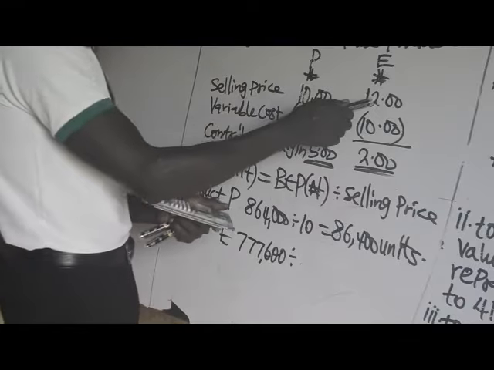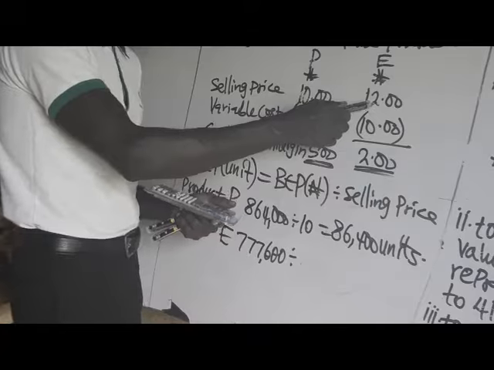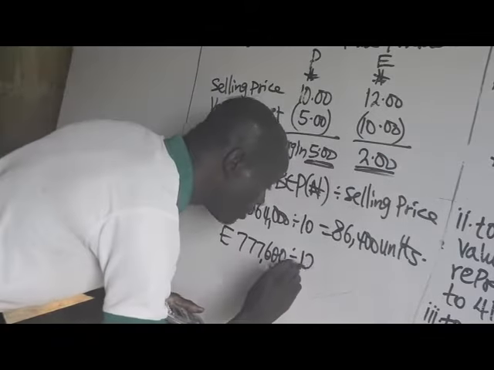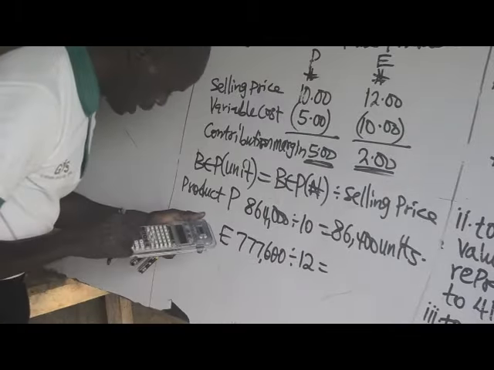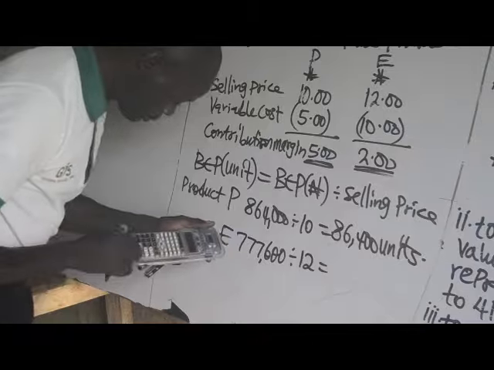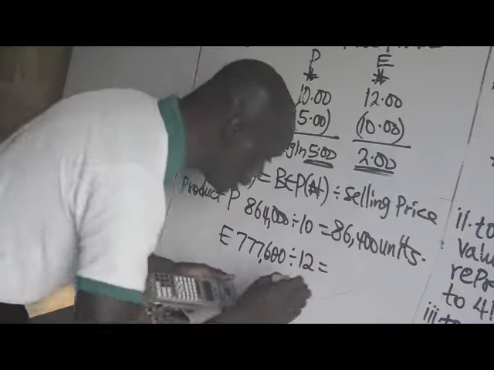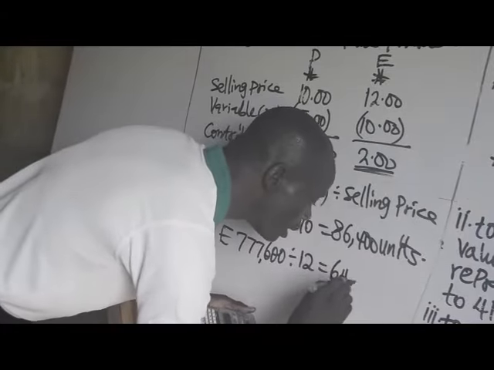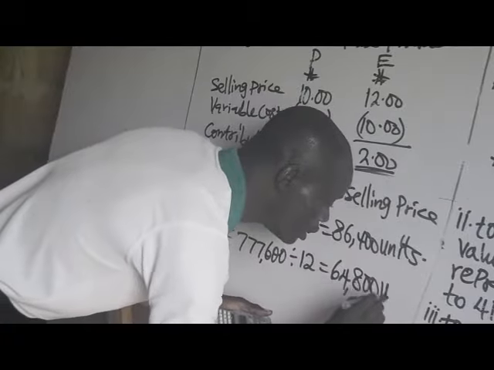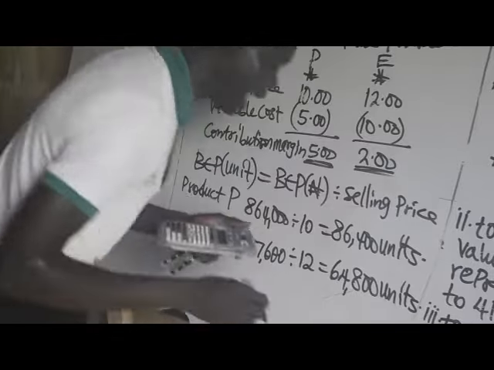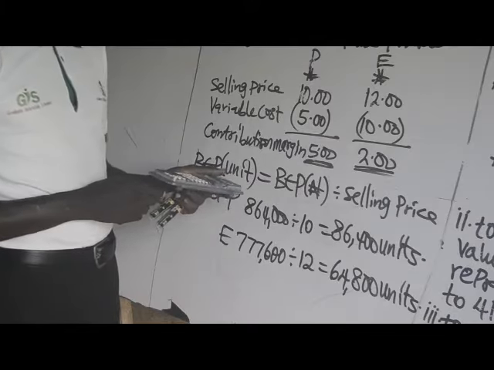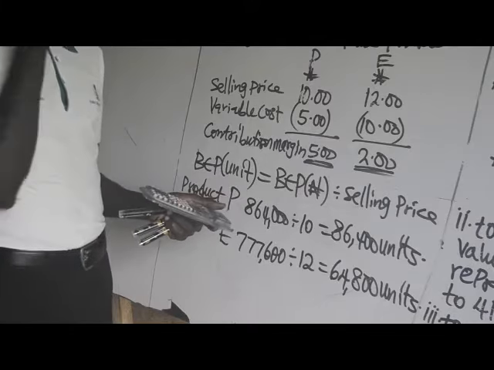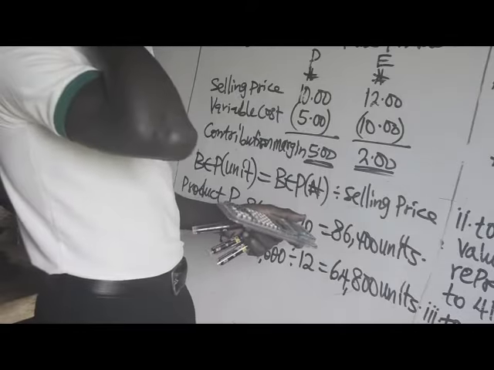The selling price of product E is 12 Naira, so divided by 12, we have 64,800 units. That is the BP in units. That is the answer to Roman figure 1.